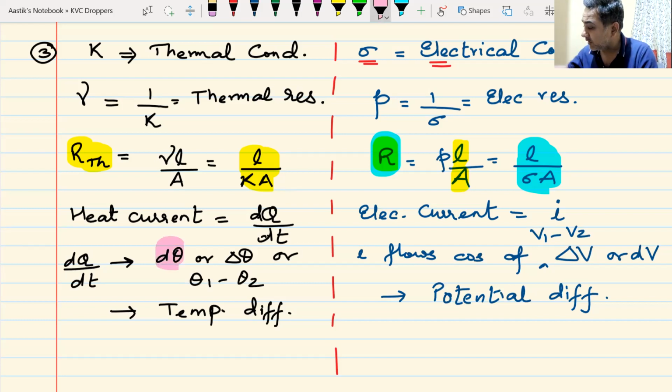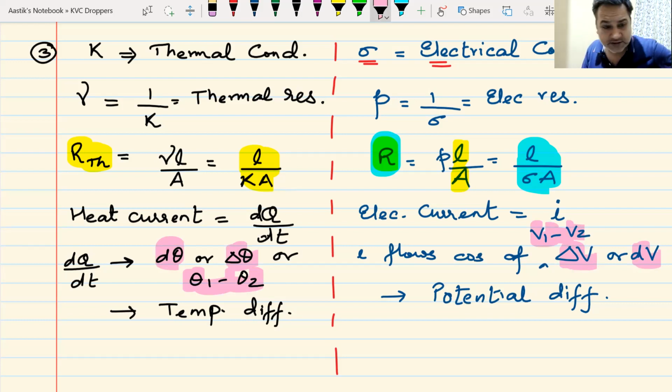So d theta replaces dv, delta theta replaces delta v, and theta 1 minus theta 2 represents v1 minus v2. Do we understand this? I hope you are noting it down because you will not find this table anywhere else. That is why you need to note it down. And I hope the hands are working on the sheet.